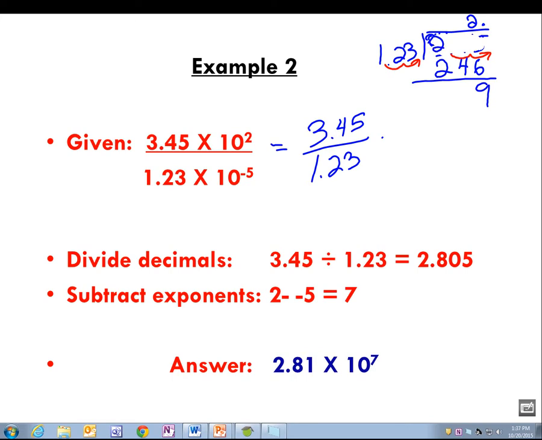Three. 0.99. Bring that down because it doesn't go into 99, but it'll go in.